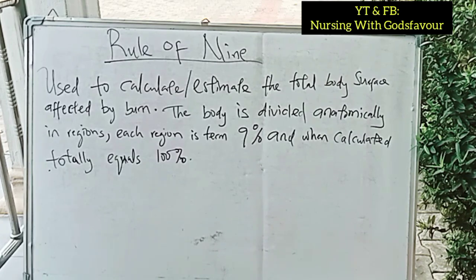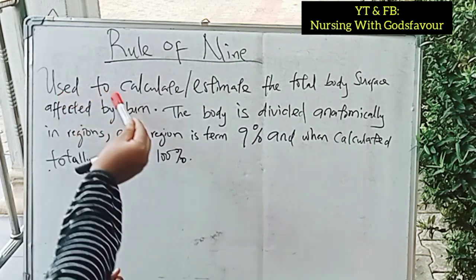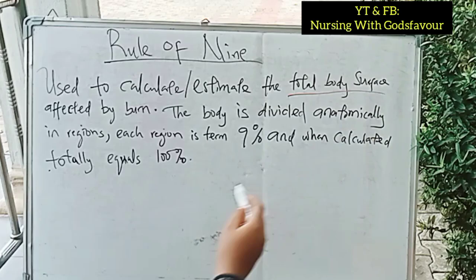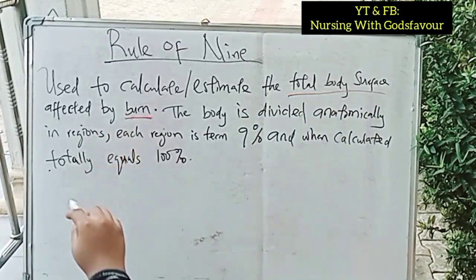The rule of 9 is used to calculate the area of the body that is injured by burn. Burn can be chemical, it can be a fire outbreak burn, or hot water burn. This is used to estimate the total body surface affected by burn.